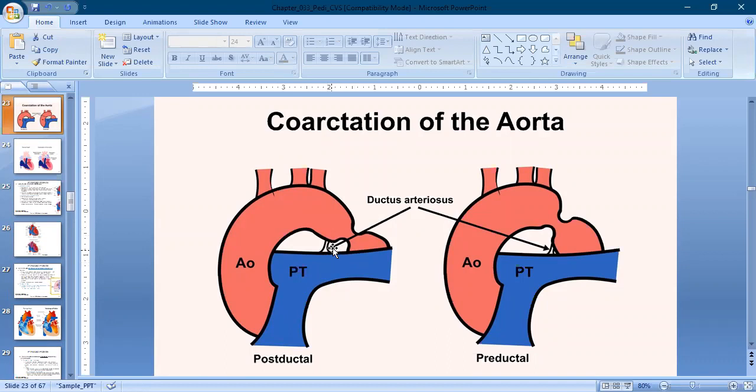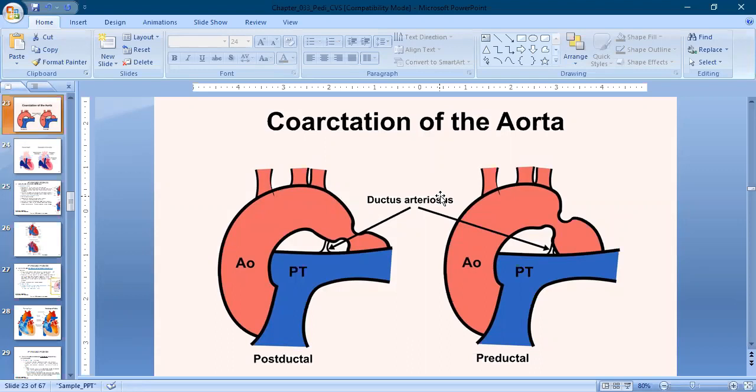Before birth, this is a special pathway or channel which communicates the pulmonary trunk with the arch of aorta. But after the birth, this channel should disappear or close. But unfortunately, some babies continue with this channel, and this is called patent ductus arteriosus, shortly called PDA.